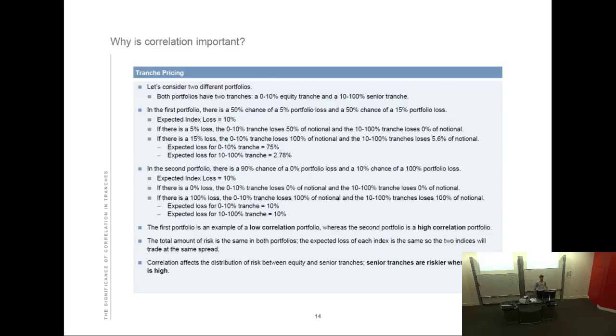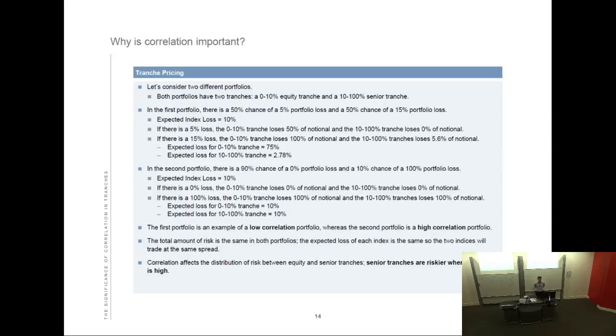Okay, so in one case, 0% loss, in the other case, 5.6% loss, both happen with 50-50 chance. So the expected loss of the senior tranche in this case is 2.78%. Okay? So a very, very risky equity tranche and a relatively unrisky senior tranche in this scenario.